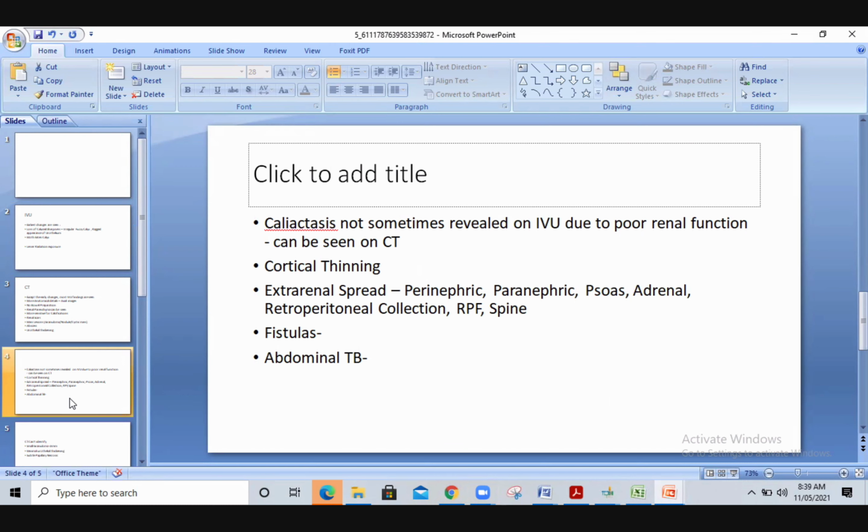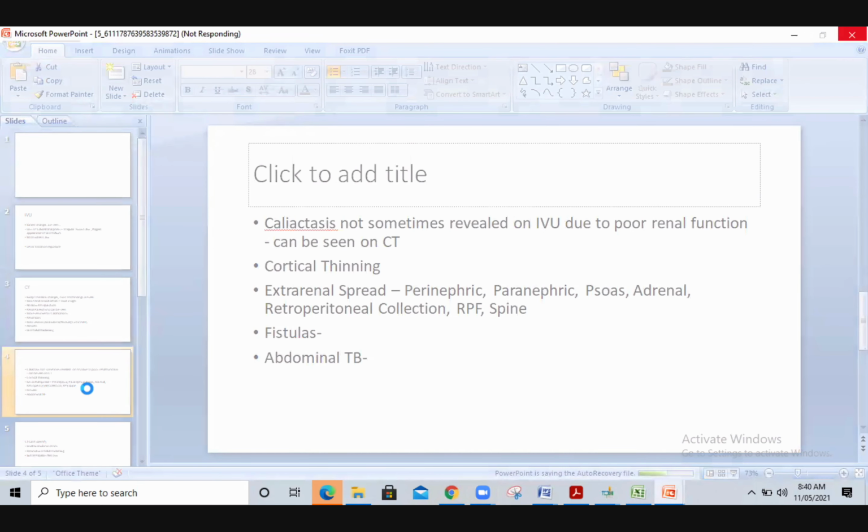Fistulas, from the renal parenchyma or from the pelvis, are clearly visualized on CT scan. Features of extrarenal TB, including abdominal TB, can be seen on CT scan. Genital TB, mainly in females, is another advantage.